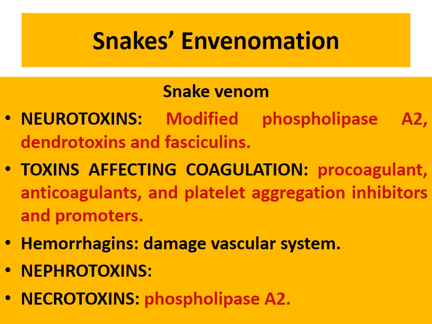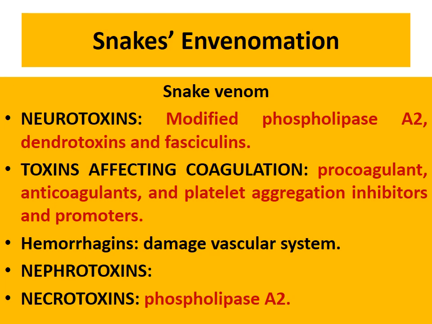The components of snake venom may be neurotoxins like modified phospholipase A2 or dendrotoxin and fasciculin, which are very poisonous ingredients of snake venom, or toxins affecting coagulation. These toxins are present in hemotoxic snakes, like procoagulants, anticoagulants, platelet aggregation inhibitors, and promoters.